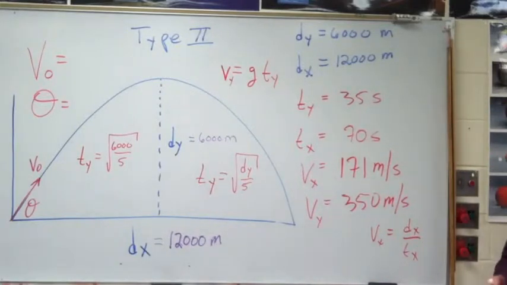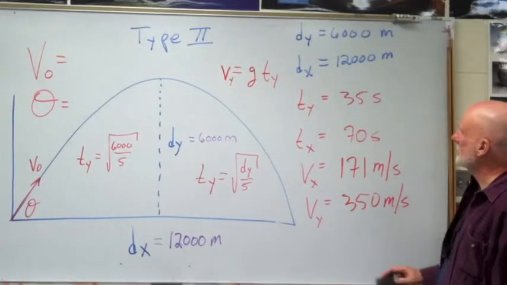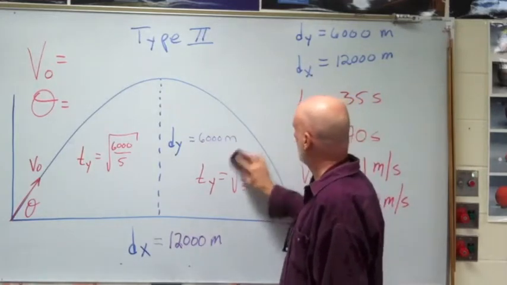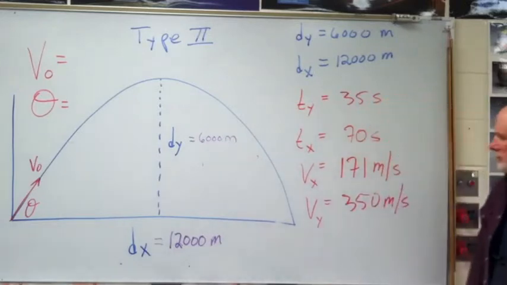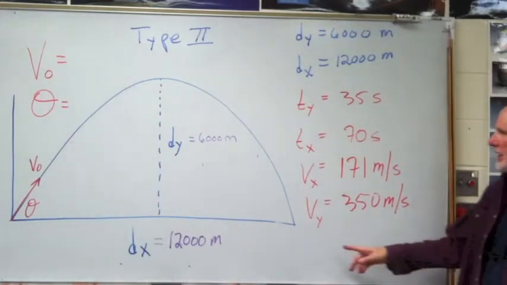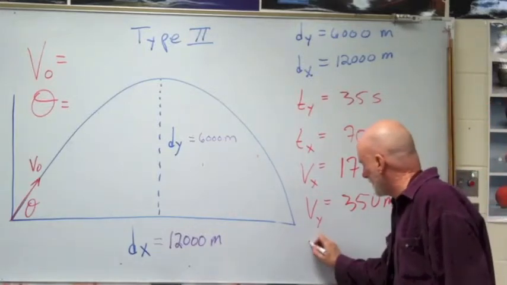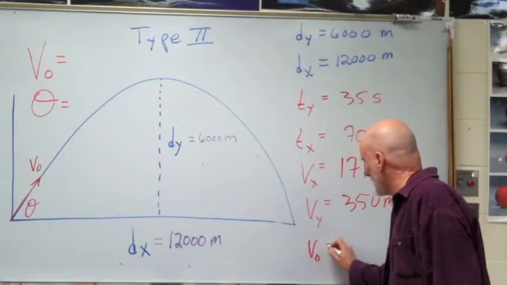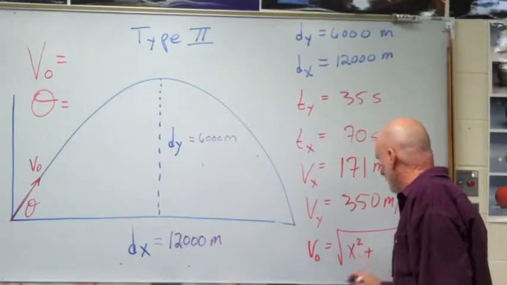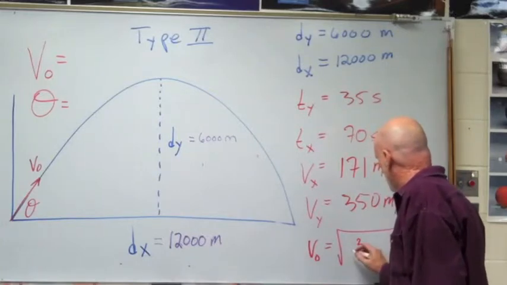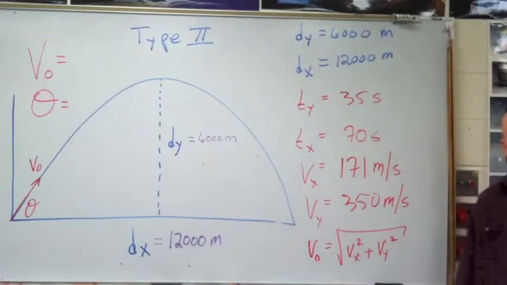All right. Let's erase some values in here. Okay, now, if I want to find V0, I know that V0 equals the square root of Vx squared plus Vy squared.